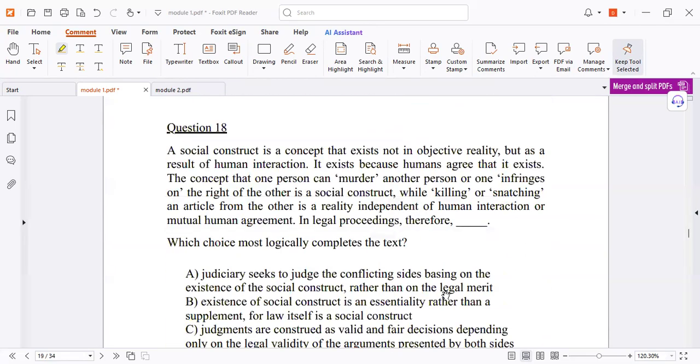Number 18. Number 18, C. C. No, my friend. Remember, therefore.